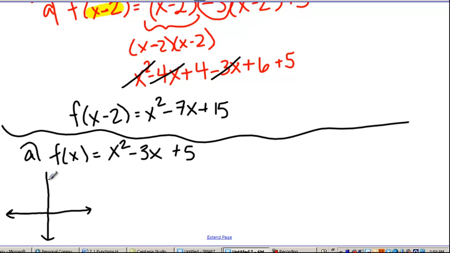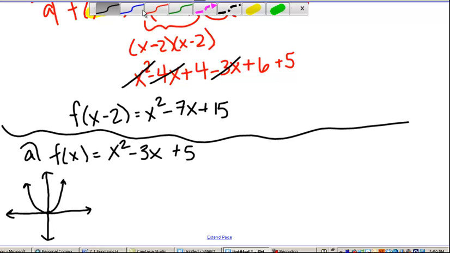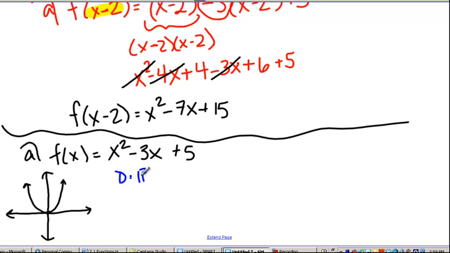I know it seems like a long time ago, but y'all should know that a quadratic looks roughly like this picture. Our domain is all real numbers because there are no x values that are restricted. Our range is going to be y is greater than or equal to 0.